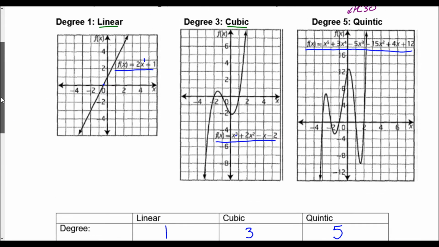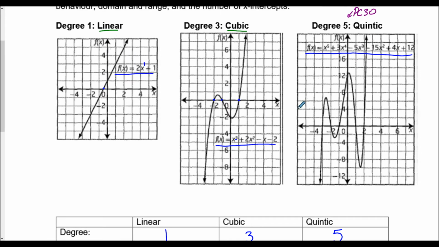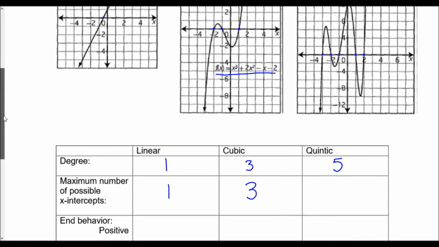For a cubic, we can see that there's 1, 2, 3 x-intercepts. And that is also going to be the maximum amount of x-intercepts that a cubic can have. For a quintic, again, it's not necessary in Foundations 30, but it's useful to help illustrate the point. In this quintic, there's 1, 2, 3, 4, 5 x-intercepts. Hopefully, you start seeing a little pattern here.